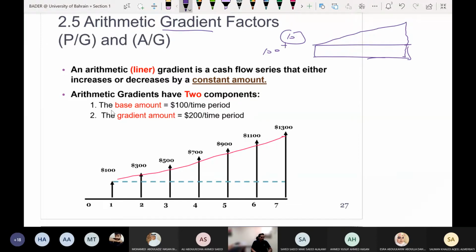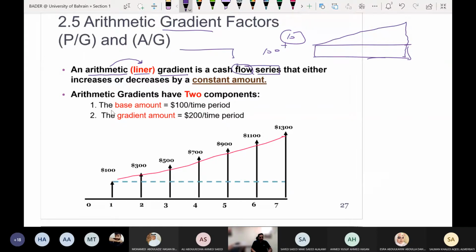So whenever we discuss arithmetic, that means it is linear. The word arithmetic refers to linear, because we know that we have something called linear and non-linear. Now, when we have an arithmetic gradient, what does it mean? It means the cash flow series. What series? We always said series.